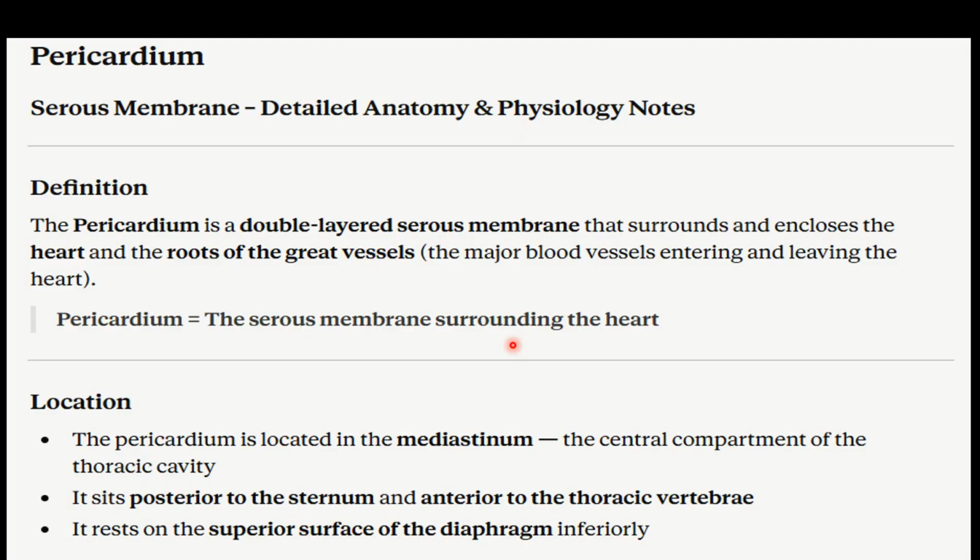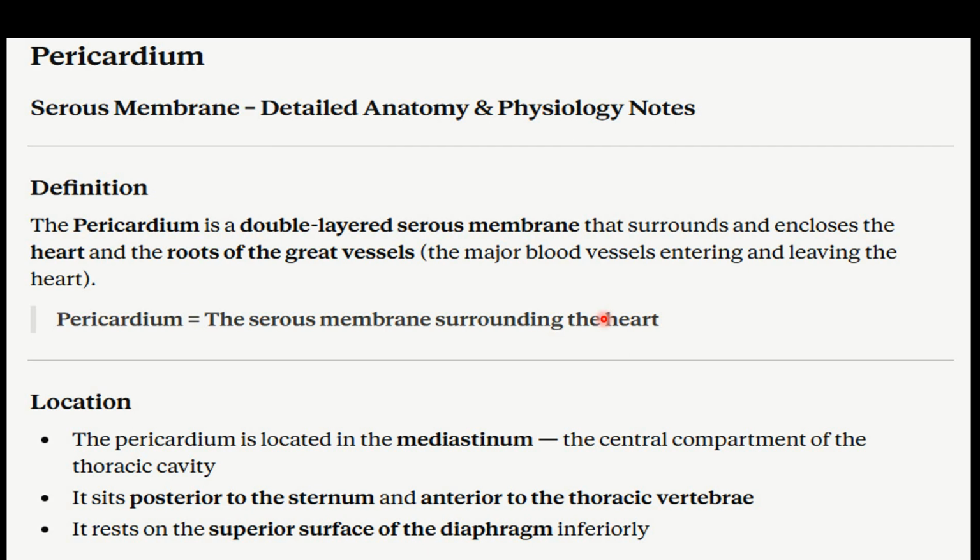Here you can see I have already noted down the definition related to the pericardium serous membrane. So let's see what it is. A pericardium is a double layered serous membrane that surrounds and encloses the heart and the roots of the great vessels. What are the great vessels? The major blood vessels entering and leaving the heart.